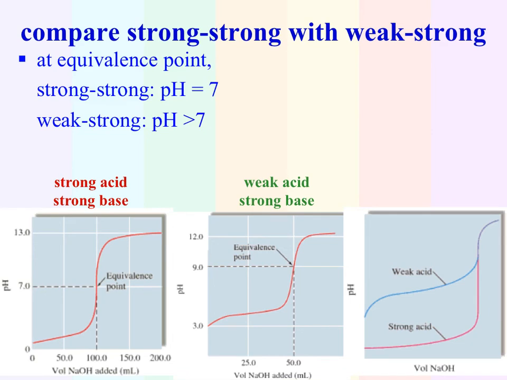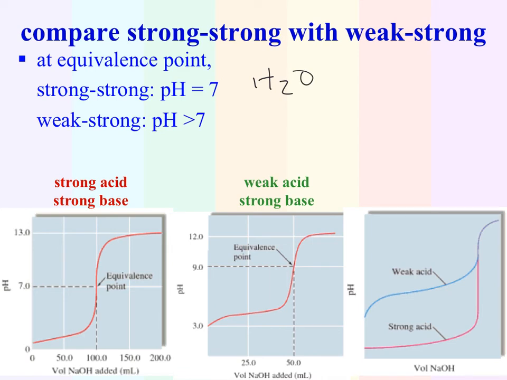Okay, and as we discussed, the equivalence point location for a strong versus a weak titration is drastically different. We know that the pH of the strong-strong titration is going to be 7, and that's because H2O is the determining factor, and its pH is 7.